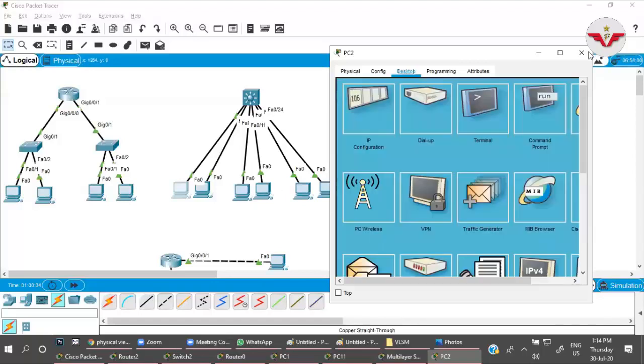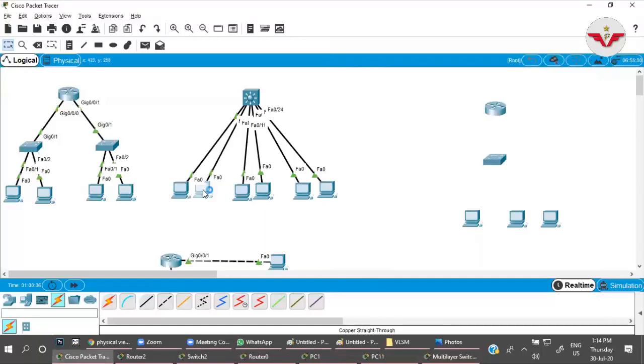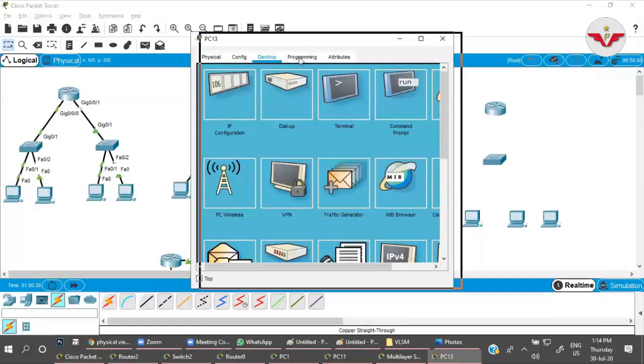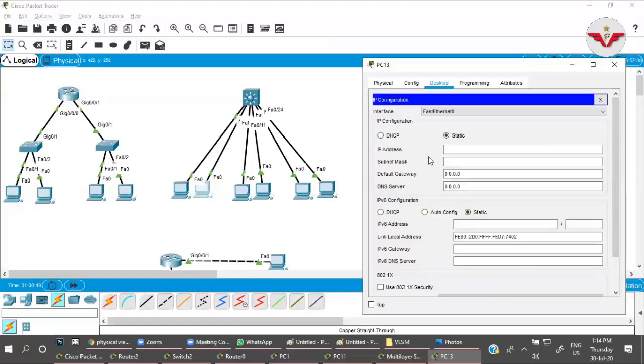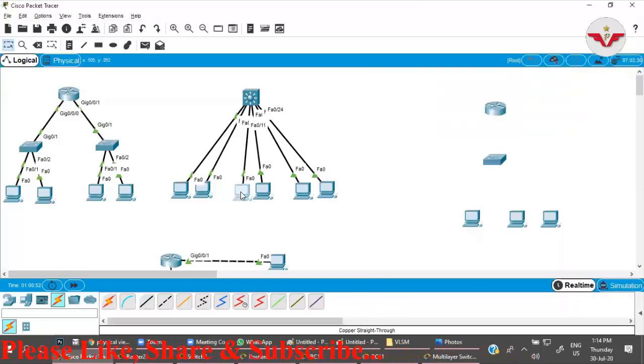Done. Come to the second PC, desktop, IP. Sorry. 131, subnet 224, default gateway. Done.